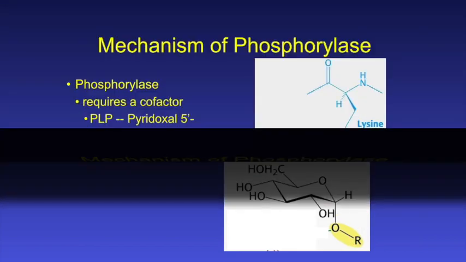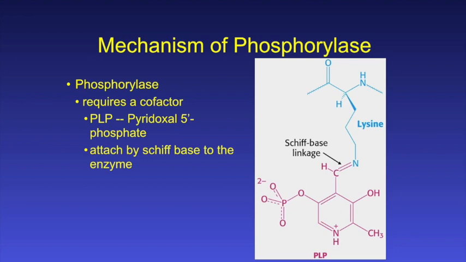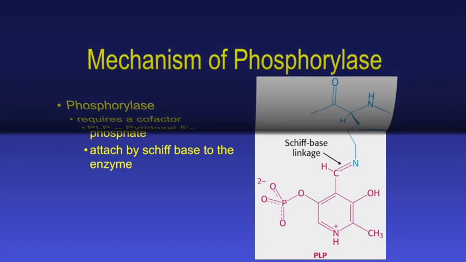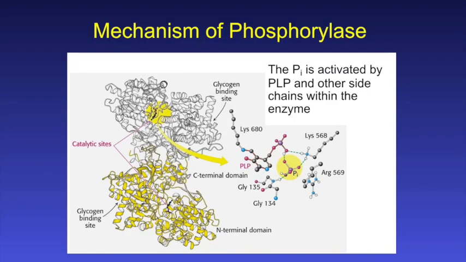What has to happen is that the phosphorylase is going to use a cofactor called PLP. We've actually used PLP before, but we're going to use it a little bit differently than what we saw in previous uses of this cofactor. If I look at the active site of the phosphorylase, you're going to see the lysine that has that PLP, and you're going to see the phosphate right here.